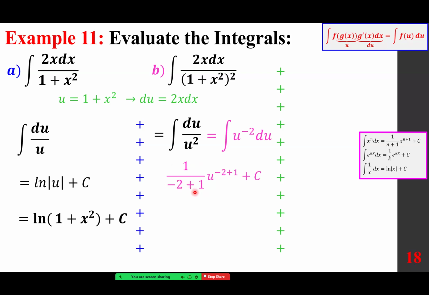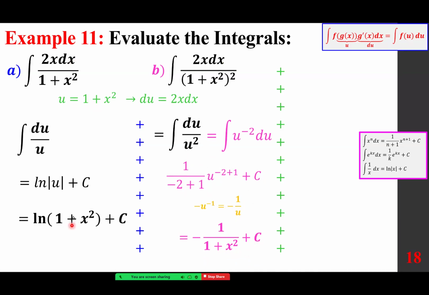So this is negative u to the power of -1, or negative 1 over u. And so the final answer is -1 over u, which is 1 plus x squared, and a constant. In this case, the answer is -1 over 1 plus x squared plus c.